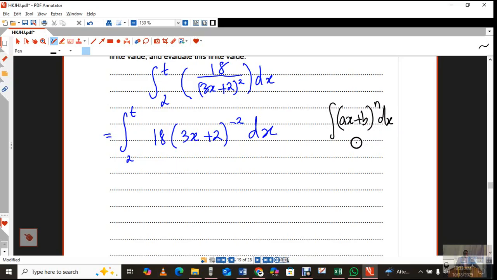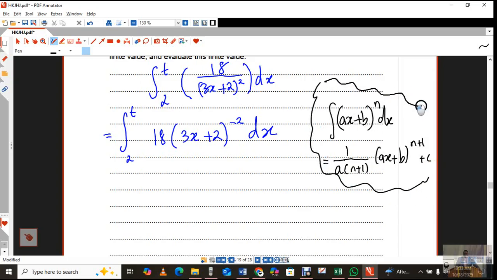The way you integrate that is you take 1 over a, and then add one to the power, multiplying with (ax plus b) raised to n plus 1, plus the constant of integration. I'm going to use that here.